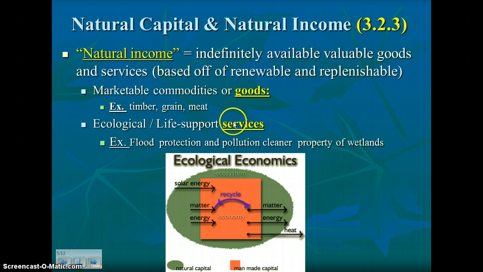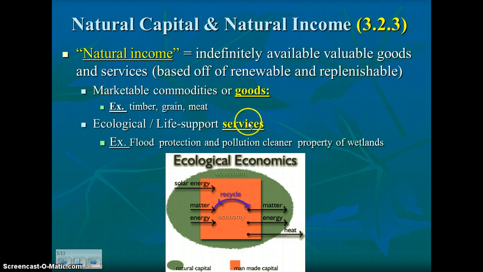Those are services that the environment does for us. Goods are things that it might produce. It produces some food, it produces some recreation. So those goods and services are the natural income.